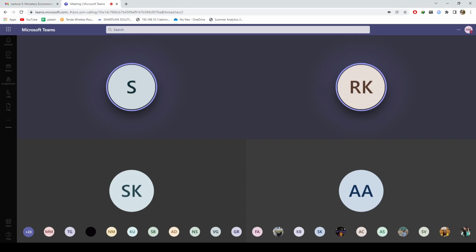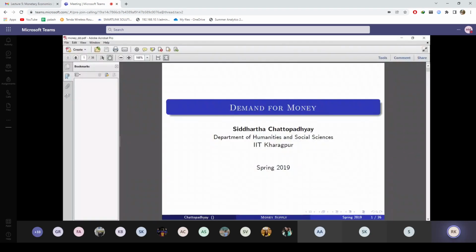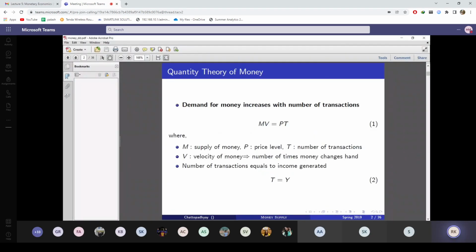After this I have to go to money demand. Okay, so this is demand for money, and this is something you are much more familiar with, and we will do it in a little more detail.